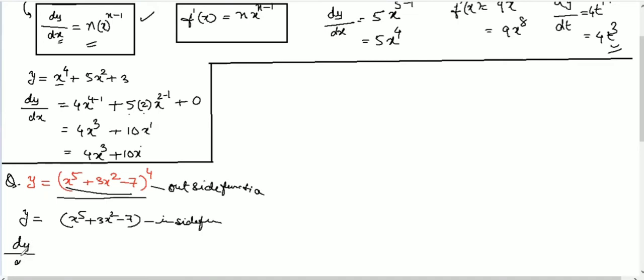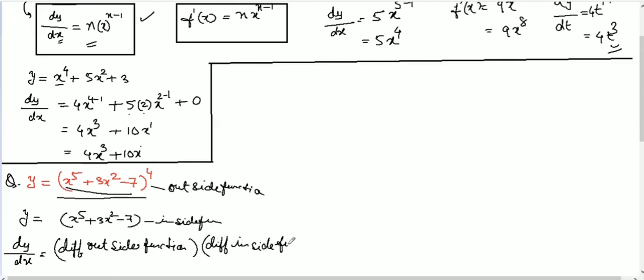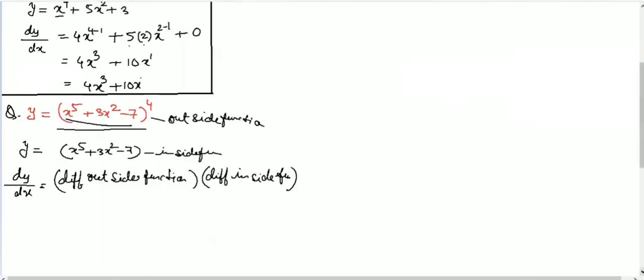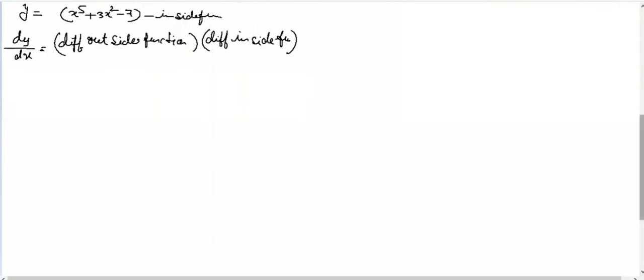So the rule is dy over dx: differentiate the outside function, and multiply by the differentiation of the inside function. Okay. Now let's differentiate this one here. Start.